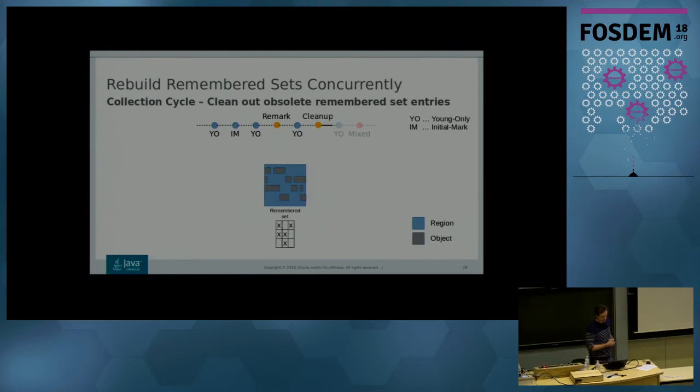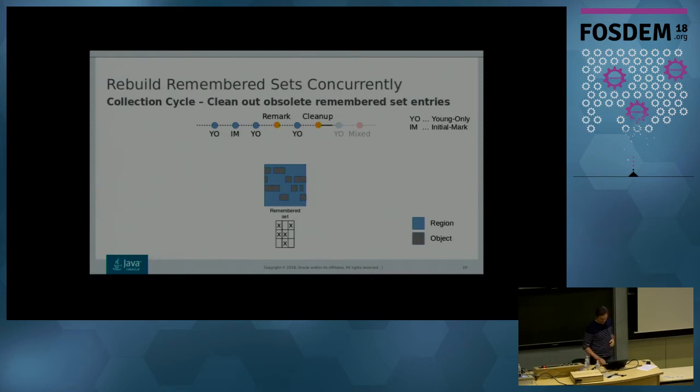And at some point, there's this so-called cleanup pause where first we know the liveness of the objects in that region, and we hopefully got rid of a lot of remembered set entries. That means fewer cards to scan during the GC to evacuate that region.